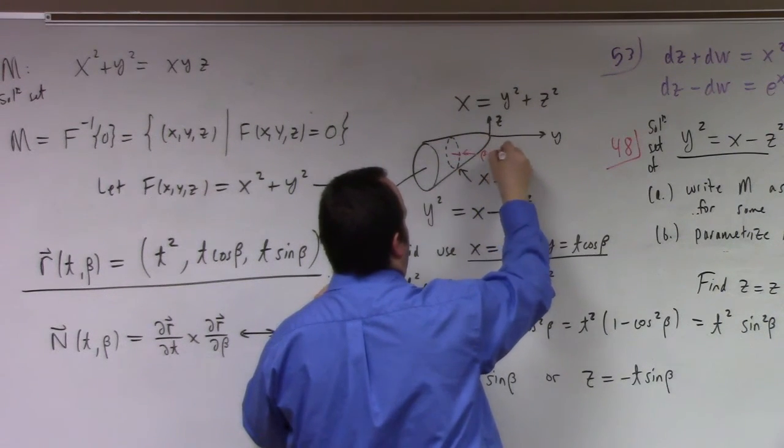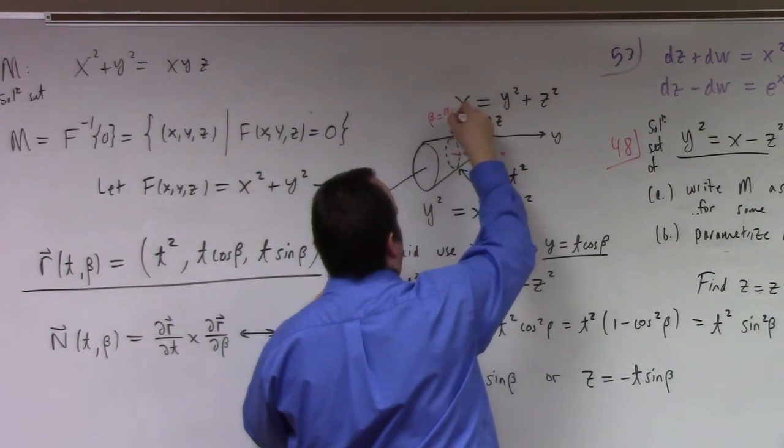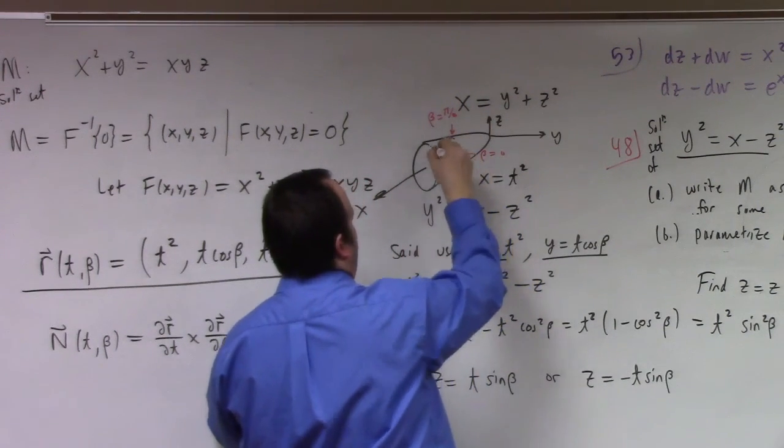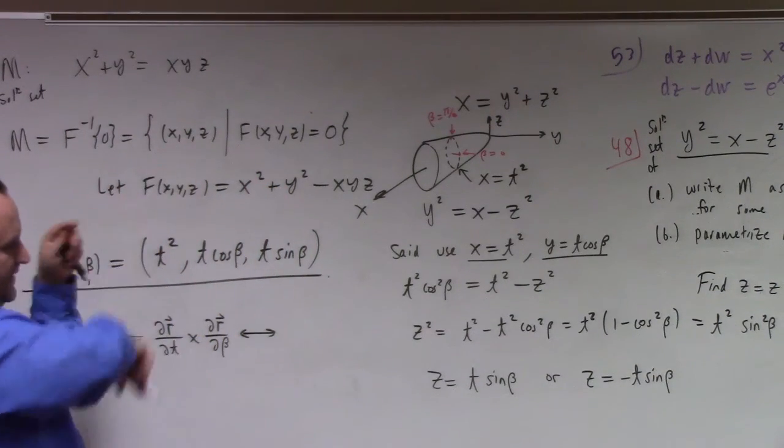Up here is beta equal to pi over 2, and the back side of the circle would be beta equal to pi. It's swinging like that, I think.